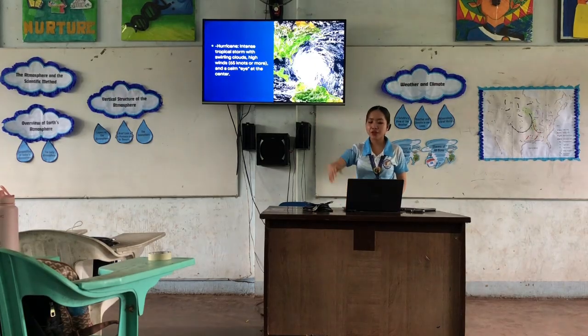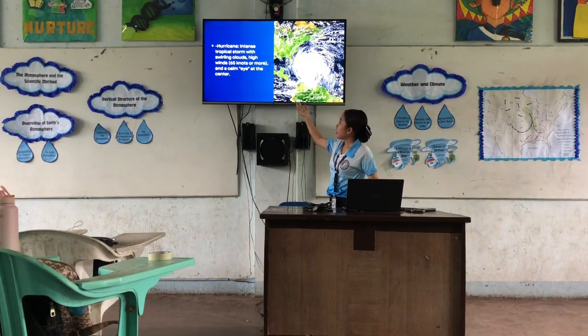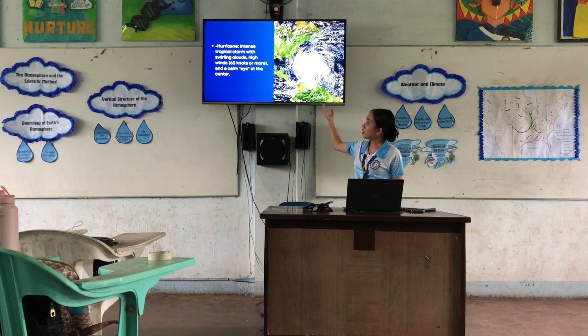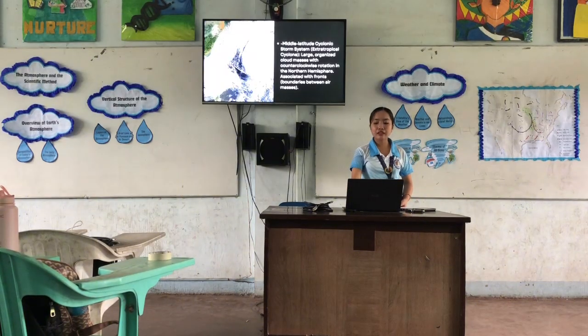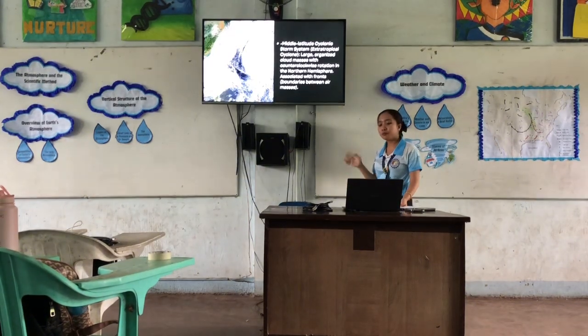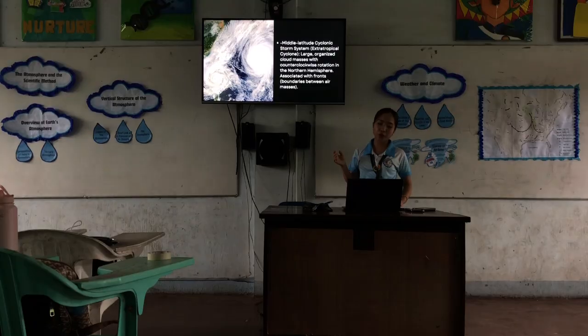Then we have the hurricane, an intense tropical storm with swirling clouds and high winds, 65 knots or more, and a calm eye at the center. So you may ask, what is the difference between a hurricane and a middle latitude cyclonic storm system?